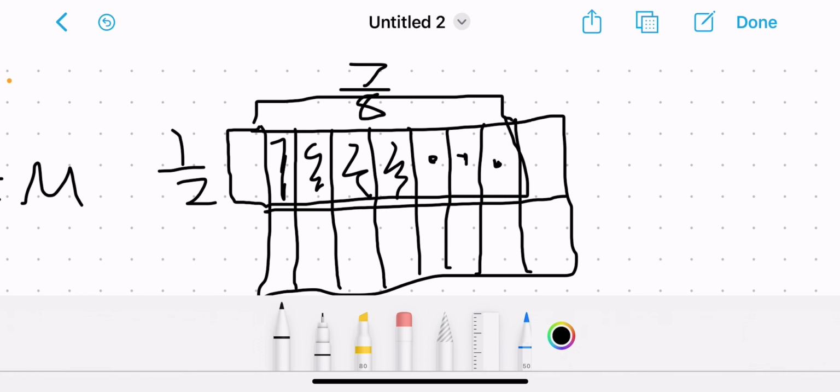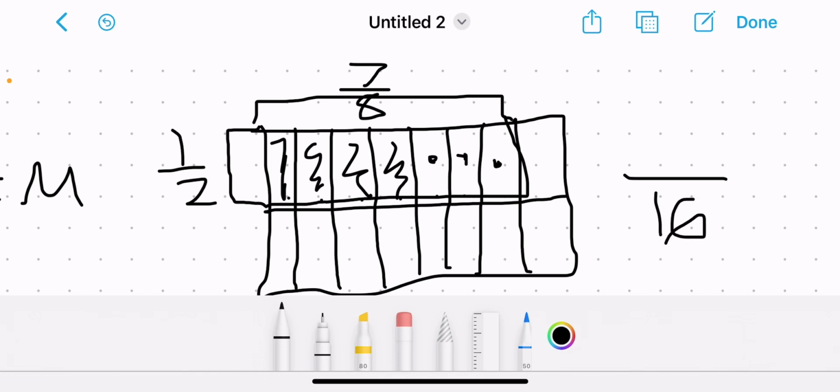To find my product, I am going to count the total number of squares for my denominator. Since I'm a lazy mathematician, I'm going to use skip counting. So I have 2, 4, 6, 8, 10, 12, 14, and 16, which is my denominator.